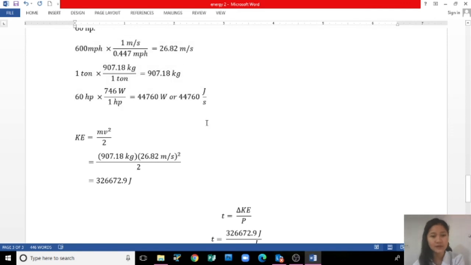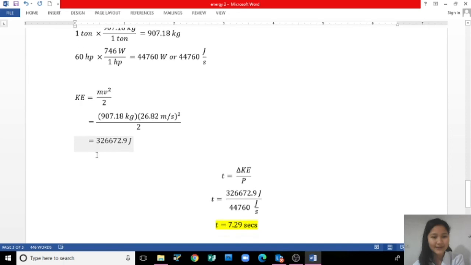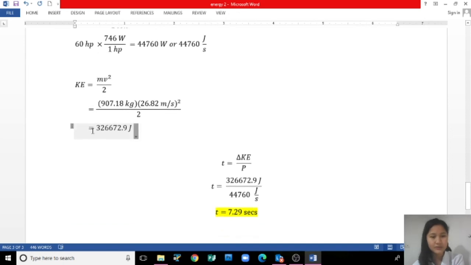Now that we already have all the data needed, I just have to substitute this into the formula. The formula for the kinetic energy is equal to mass times velocity squared divided by 2. Substituting all the given, the kinetic energy is equal to 326,672.9 joules.